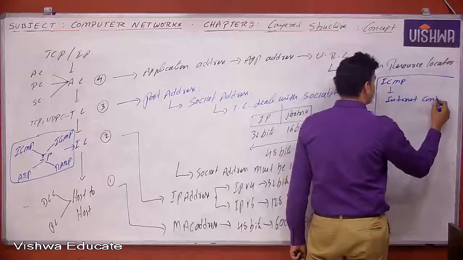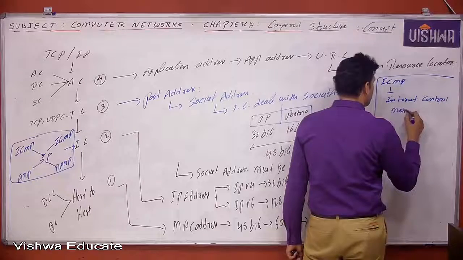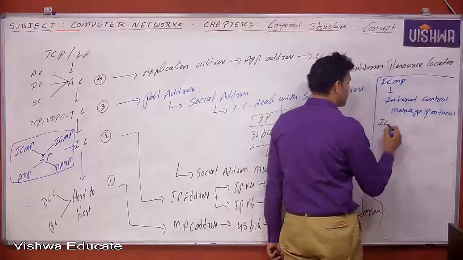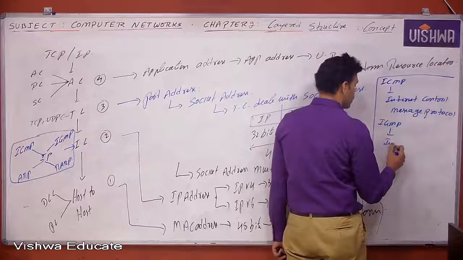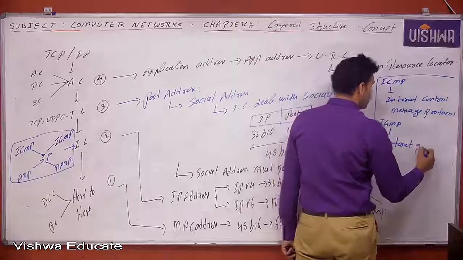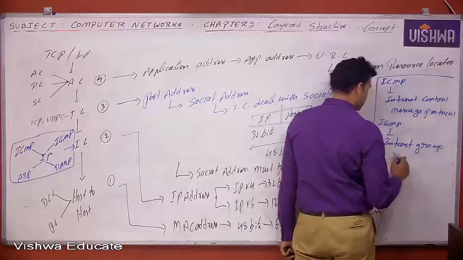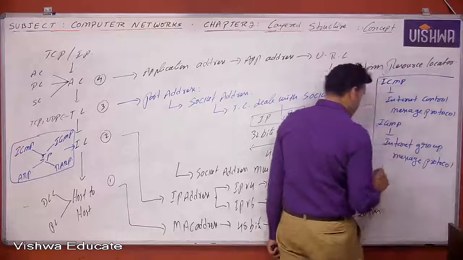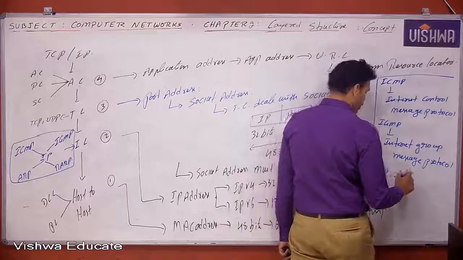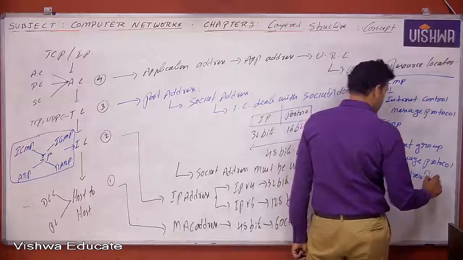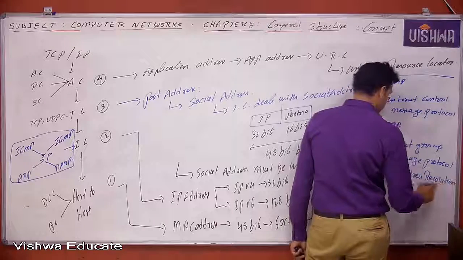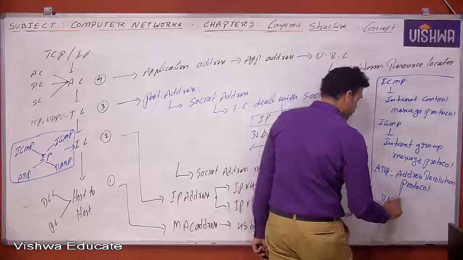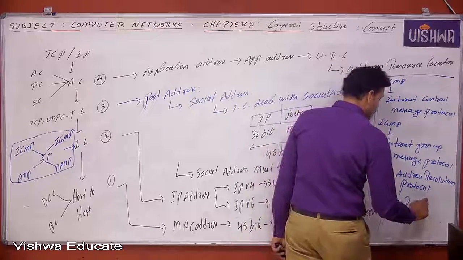Internet Control Message Protocol. What is IGMP? Internet Group Message Protocol. What is ARP? Address Resolution Protocol. What is RARP? Reverse Address Resolution Protocol.